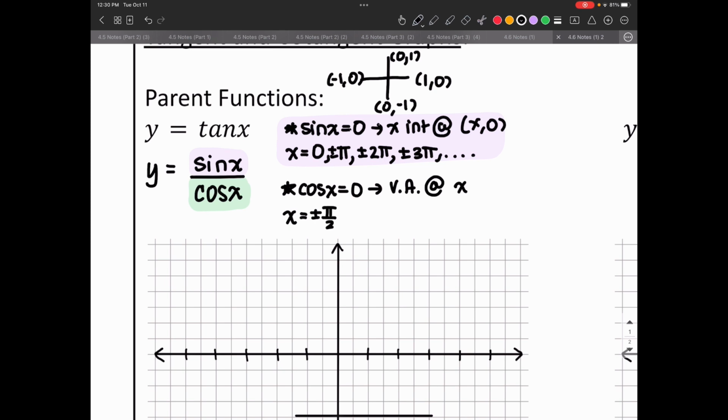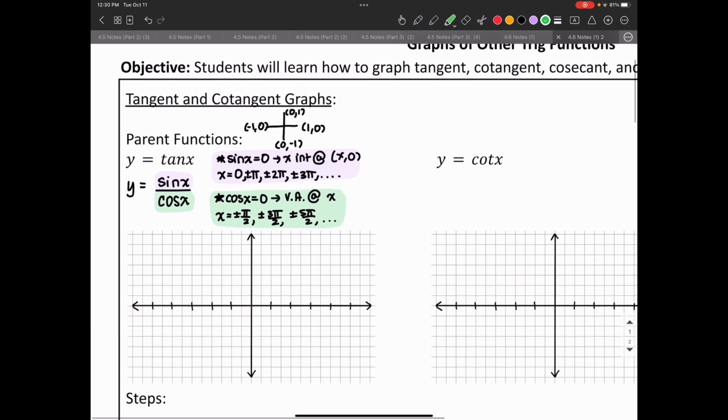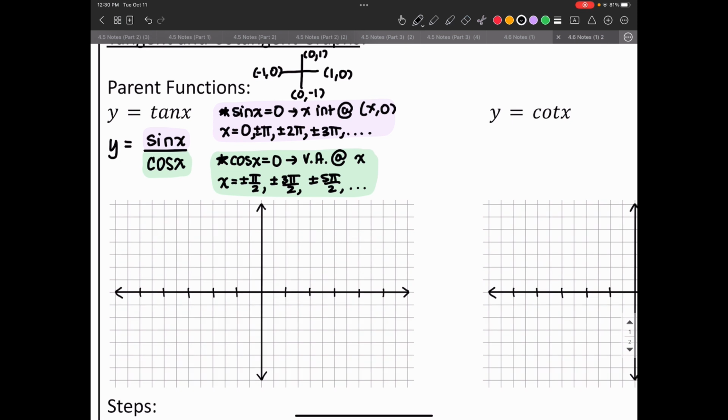And we talked about these before on the first day when we were talking about cosine and sine. Plus or minus 3 pi over 2, plus or minus 5 pi over 2, etc. So these values here are going to be vertical asymptotes on the tangent graph. We don't have vertical asymptotes on the sine or cosine graphs, but we will have them on tangent and cotangent.